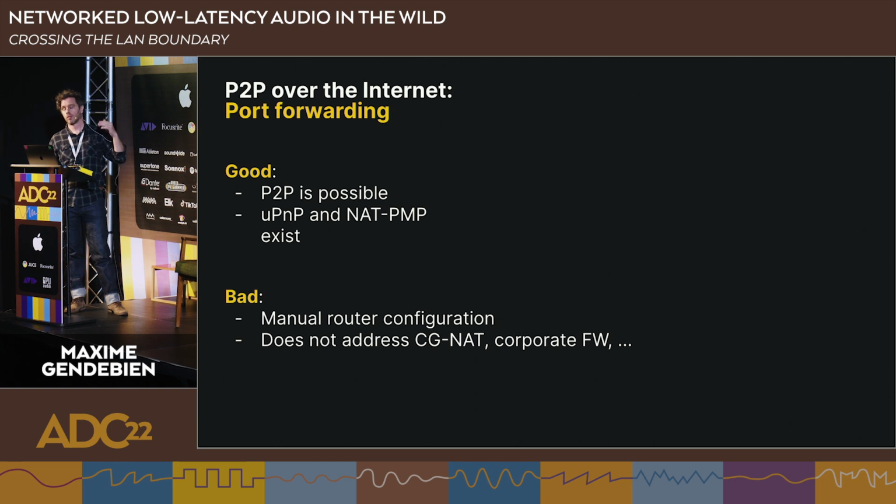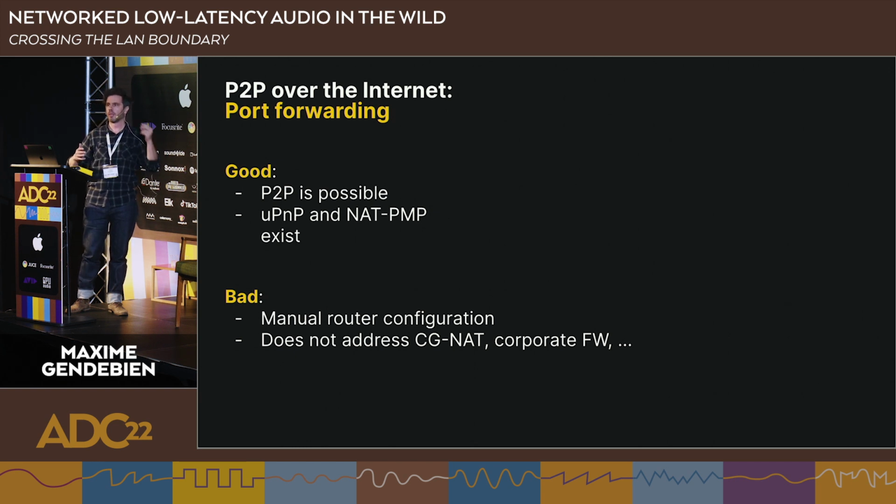Plus, port forwarding works, but not in all cases. Corporate firewalls, proxies, and things like that will break the system. Also CGNAT, right? CGNAT stands for carrier-grade NAT. It's a flavor of network address translation that ISPs implement over their entire user base. The idea is that they can then save up on IPv4 address space.